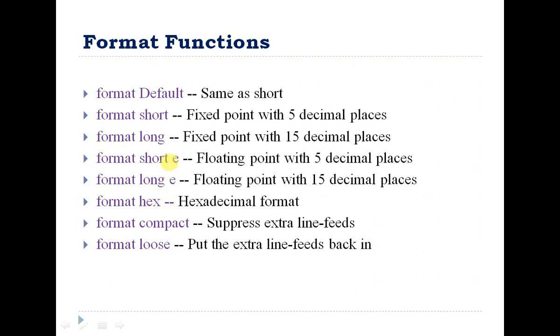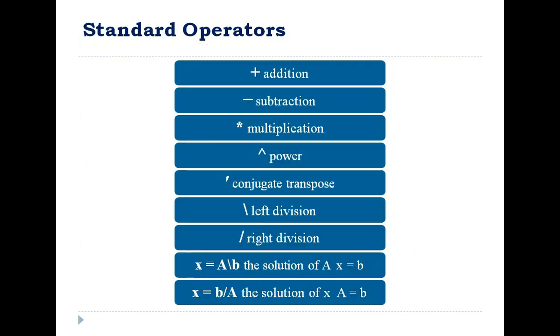Floating point values are also formatted using format short e and format long e. Format compact is used to suppress extra line feeds. It takes the default format as double for integer values. Like that, we can set the format for different functions or variables.